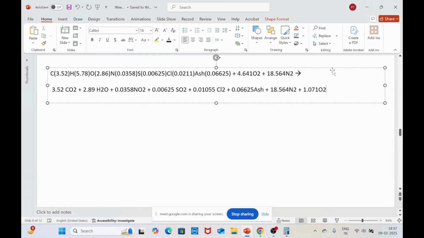This much amount of oxygen will also come out. So now we need to calculate the total number of moles. So you add all these coefficients, and you will get the total number of moles.